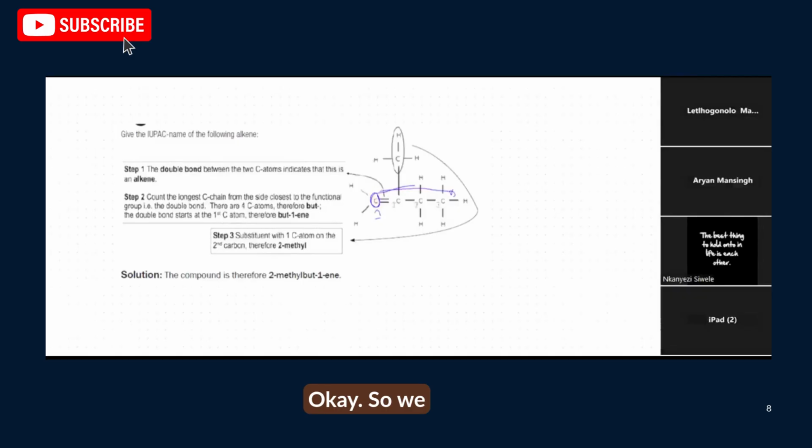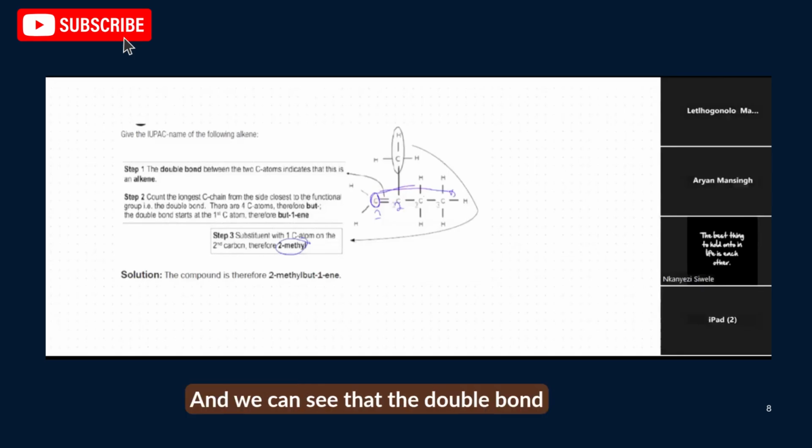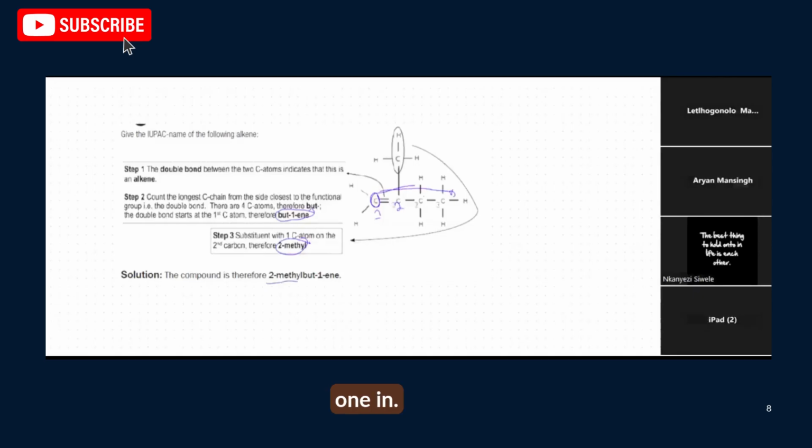So we have a substituent at carbon number 2, which is a 2-methyl. There are 1, 2, 3, 4 carbons, so that's but. And we can see that the double bond is at carbon number 1. So that's going to be but-1-ene. Then when we put it together, it's going to be 2-methylbut-1-ene.